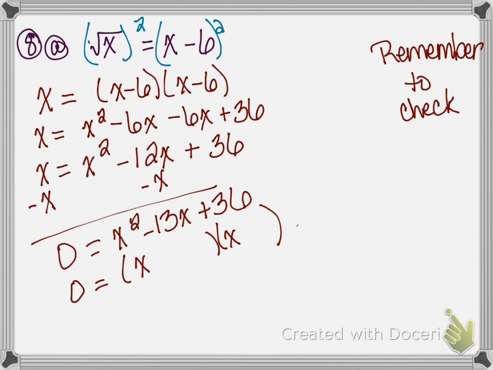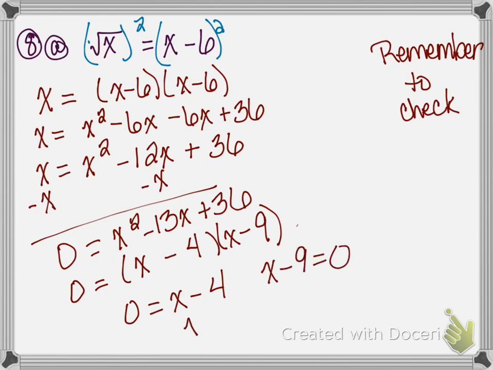Okay. -4 times -9 gives me positive 36. -4 times -9, when added together, gives me -13. So now I set each one of them equal to 0. Okay. My answers are x equals 4 and x equals 9.